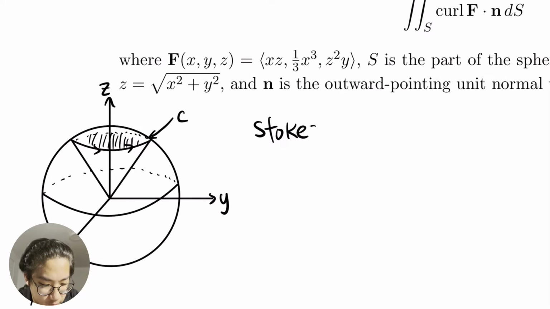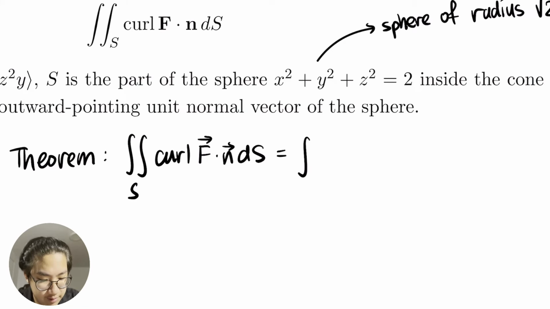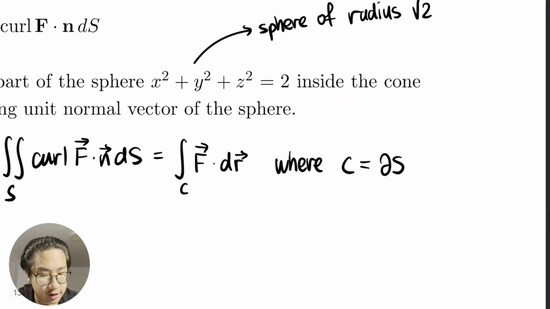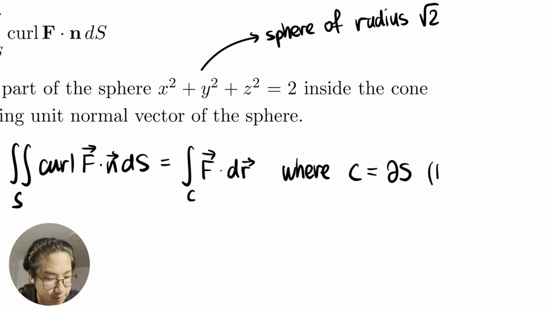Again, it effectively relates the surface integral of the curl of a vector field with a line integral over C of F dot dr. So, a standard line integral, where curve C equals, the notation is partial S, but this basically just means the boundary curve.